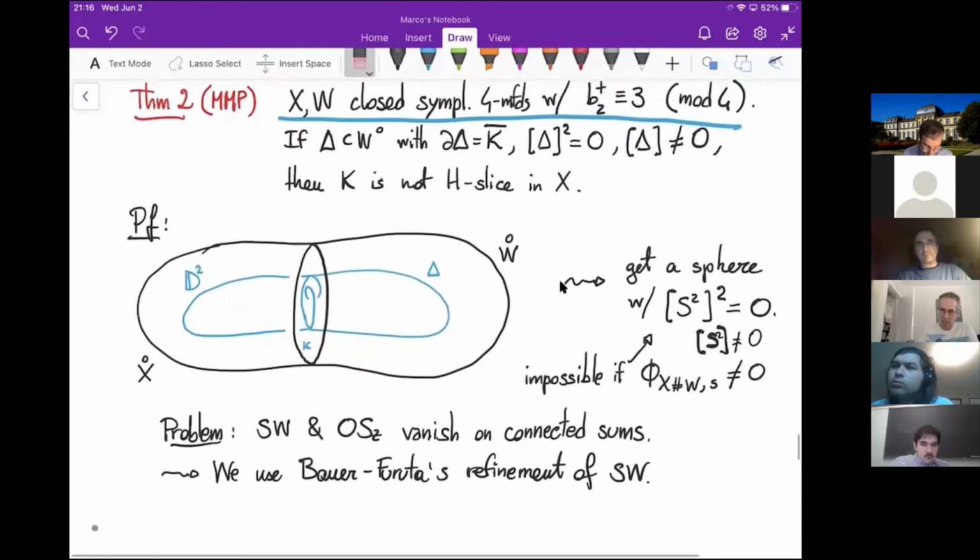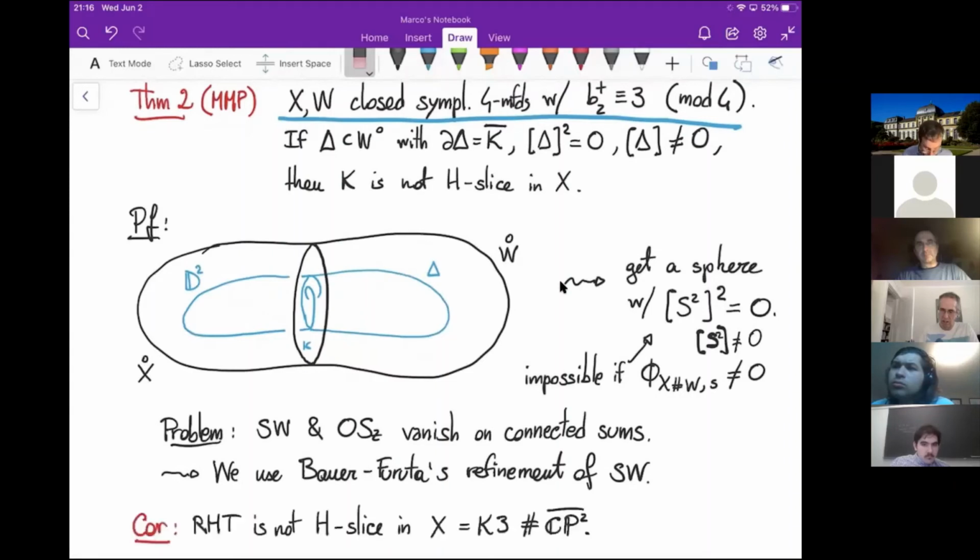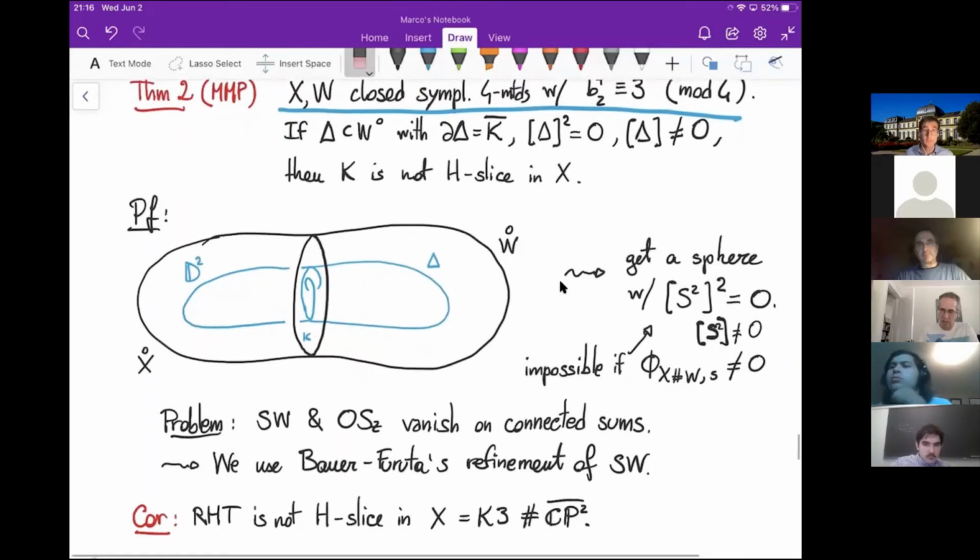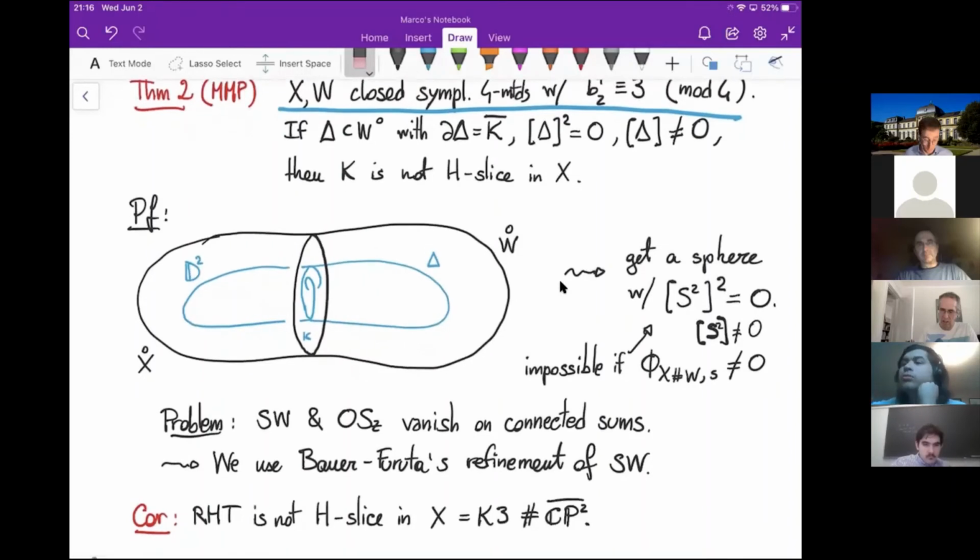So let's see an application of this theorem. I mentioned that this theorem can actually give an obstruction to H-sliceness. So one first result is that the right-handed trefoil is not an H-slice knot in K3 or even K3 blown up once. And the proof is just by applying theorem 2.